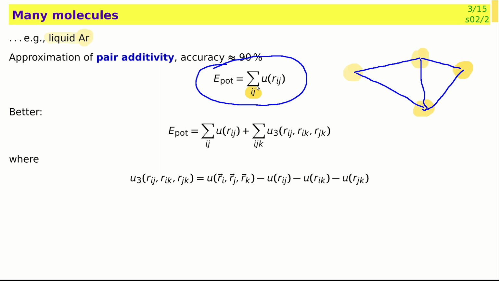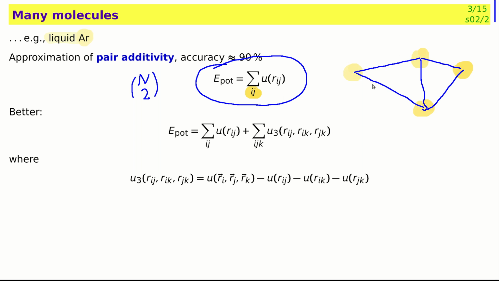The sum means that the sum is over all pairs of atoms. If we have n atoms, the number of such pairs is n over 2, a binomial number. Okay, so we can be happy with this and say, well, this is our approximation of the energy, but this is not the full truth.